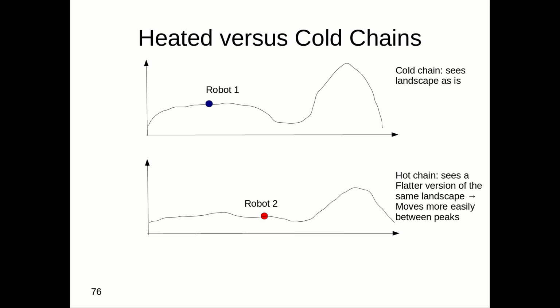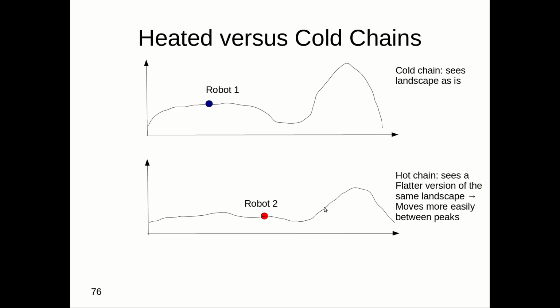We have one robot here, the blue one, which is the cold one, that sees the landscape as is. But the hot robot, through some transformations that we do, sees a flattened-out version of that same landscape. Because it sees this flatter version, it can more easily move around between peaks.